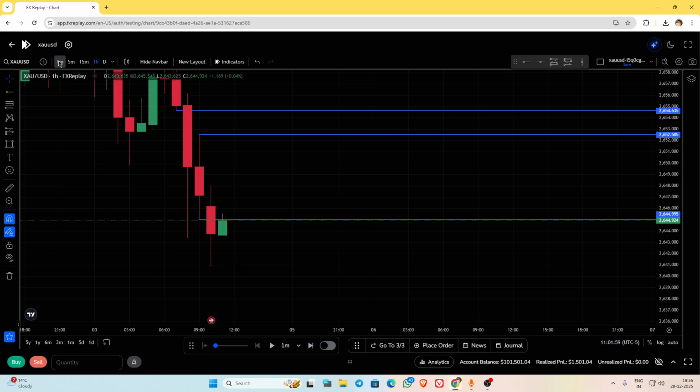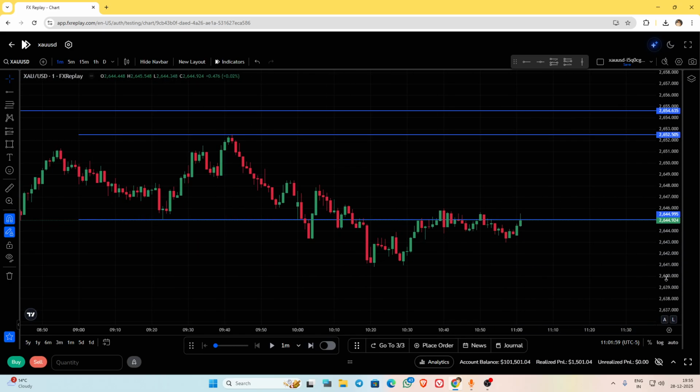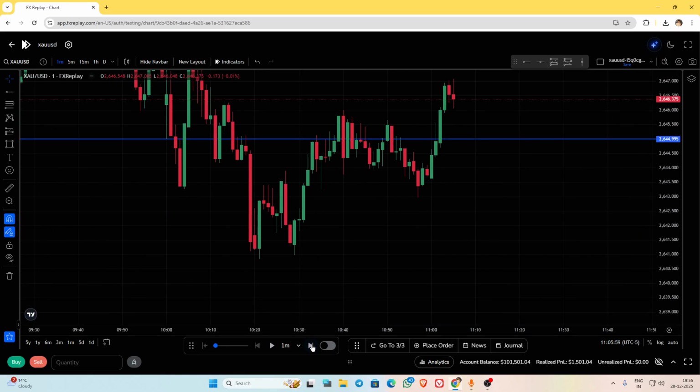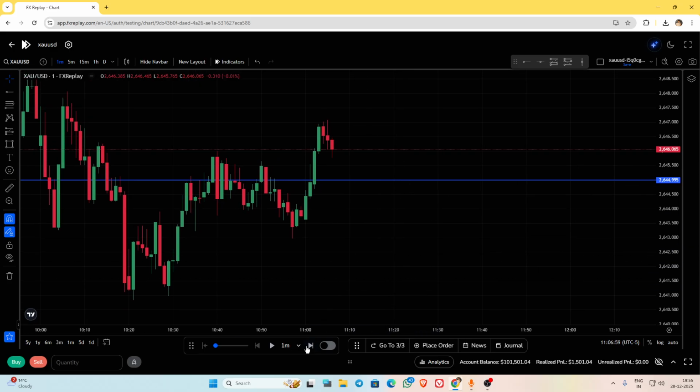Okay, so we tapped, moved to 1 minute. Now we need change in state of delivery here. Okay, so the change of delivery will happen. We have a large candle straight to the high, and we will need to have a close below this point.